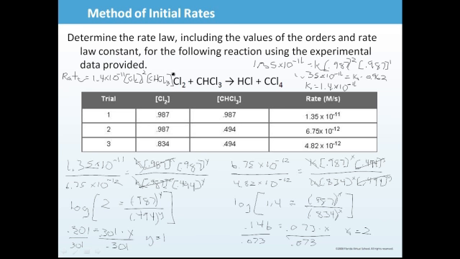And just like in math, we don't write the 1 there because it's already assumed to be a 1. And this here would be our rate law for this reaction. So now we know the rate law. We can take any concentration value, plug it into this formula, and figure out what the rate will be for the reaction in that given situation. And that is how we use initial rates to solve for rate laws.